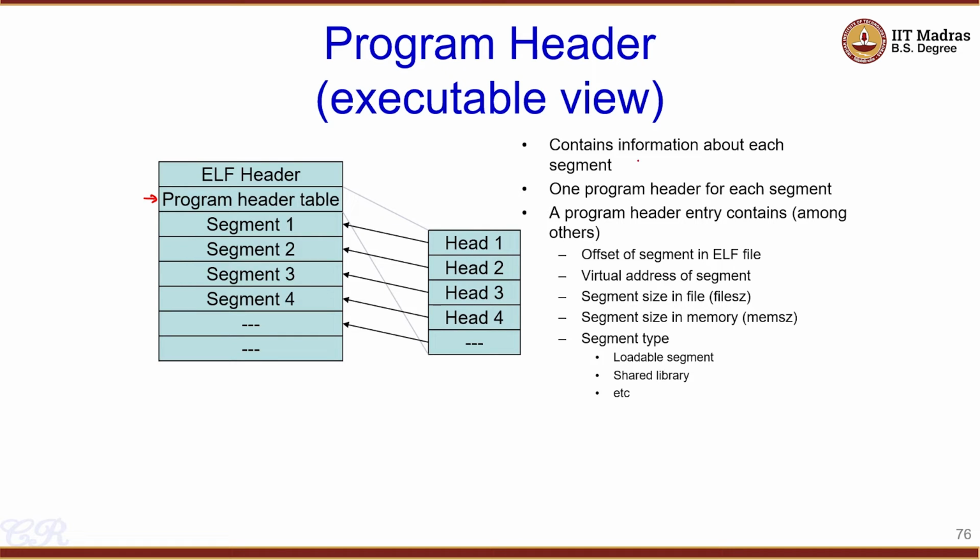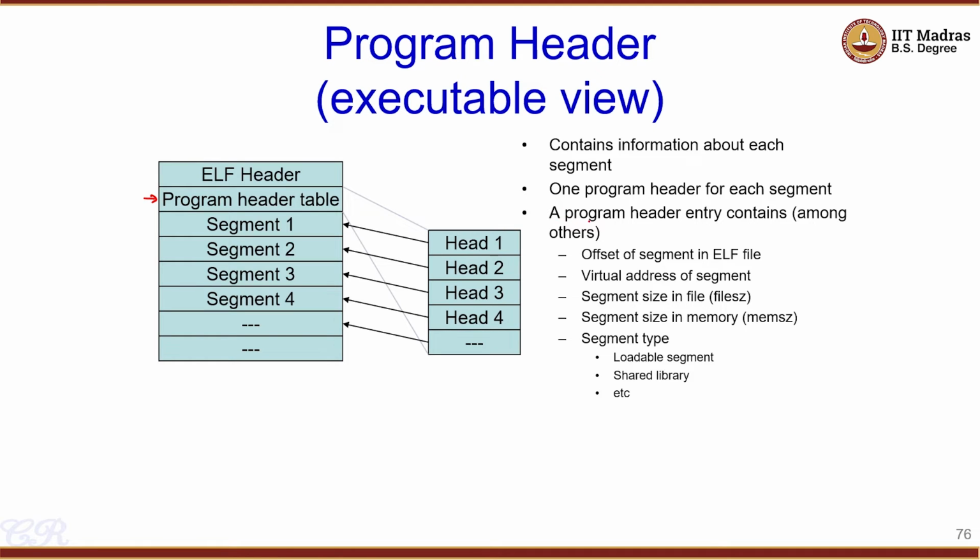So as we see over here, the program header table contains information about each segment. The segment could be a text segment, data segment, and things like that. There is one program header for each segment. Okay, so here, for example, we see 4 segments, and therefore within the program header table we have one entry corresponding to each segment, right?